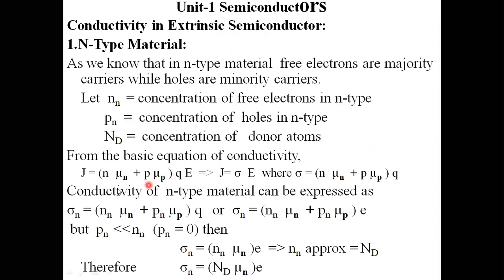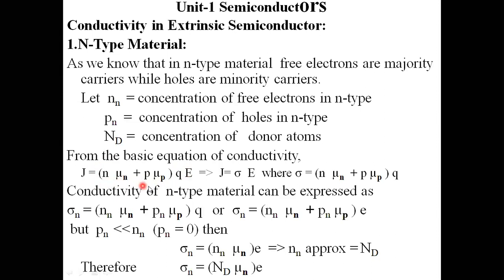The current density J is (n mu n plus p mu p) into q into capital E, where n is the concentration of electrons, mu n is the mobility of electrons, p is the concentration of holes, mu p is the mobility of holes, q is the charge of electron, and capital E is the applied electric field.